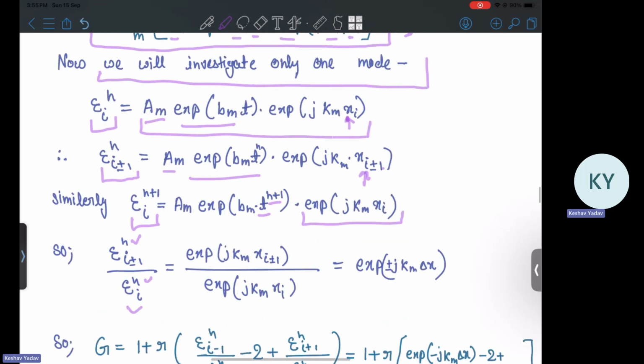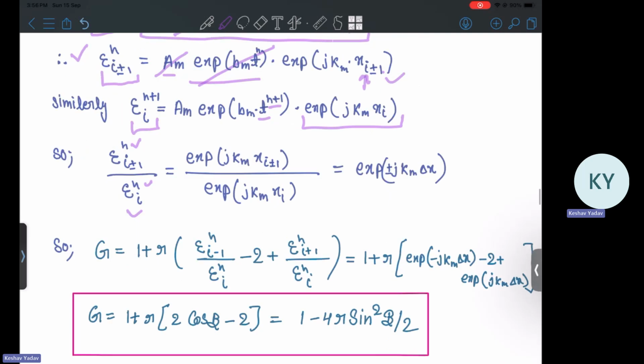So this will be equal to what? If you see this equation and this equation, this term and this term, if I divide, will get cancelled. This term and this term will also get cancelled. Now I have this term in the numerator and this term in the denominator. So I have written exponential of j km x at i plus minus 1 divided by exponential of j km xi.